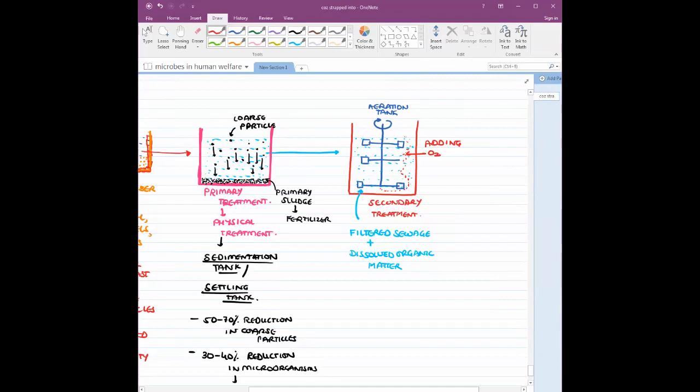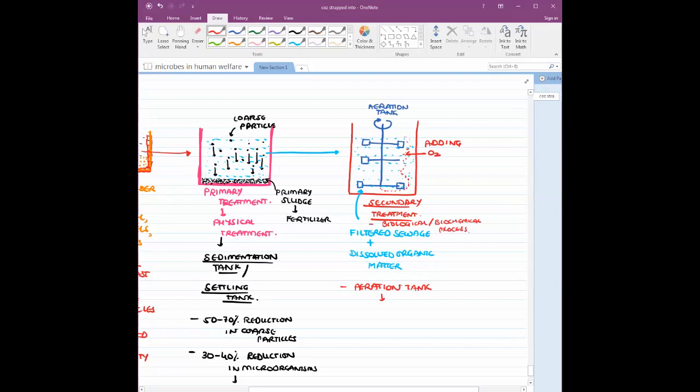Okay, let me just put this down. In this aeration tank, guys, secondary treatment, I will just say, this is going to be your biochemical or biological process.